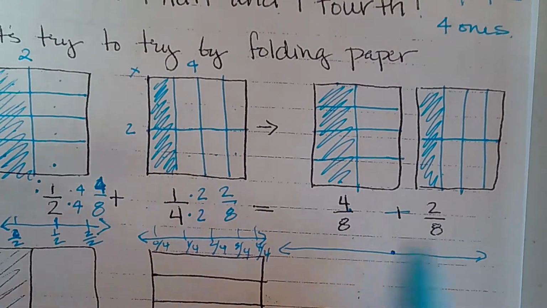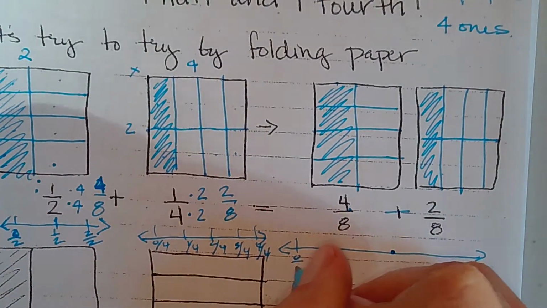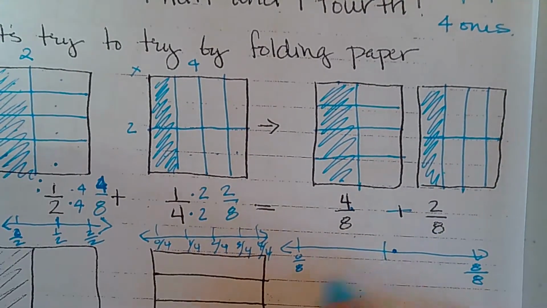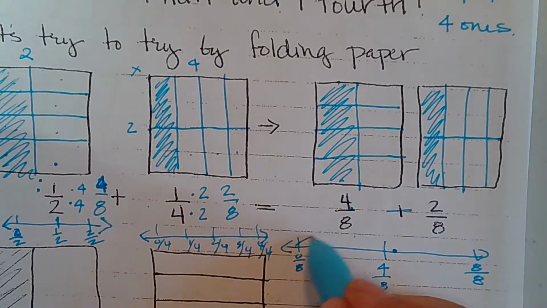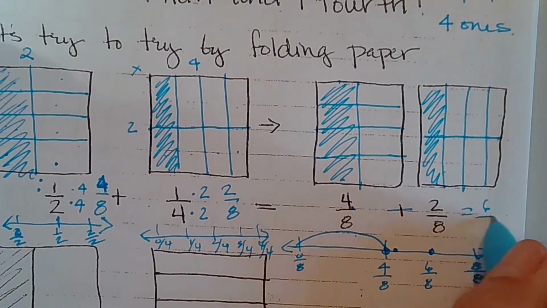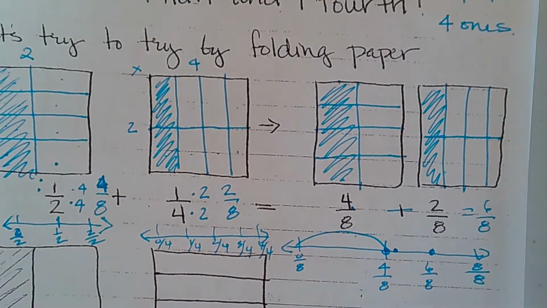We put them together. So now we have 0/8 to 8/8. Halfway would be 4/8, right? So if we started here and we went 4/8 and we added 2 more 8s, we would end up at 6/8, right? I just want you to see how those are alike.